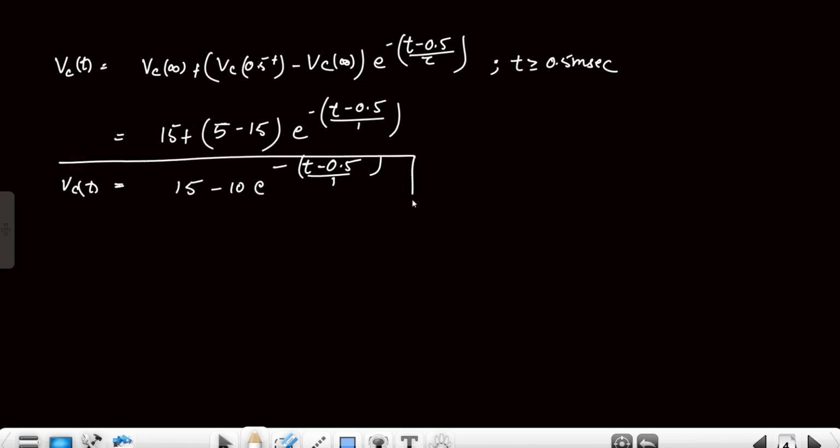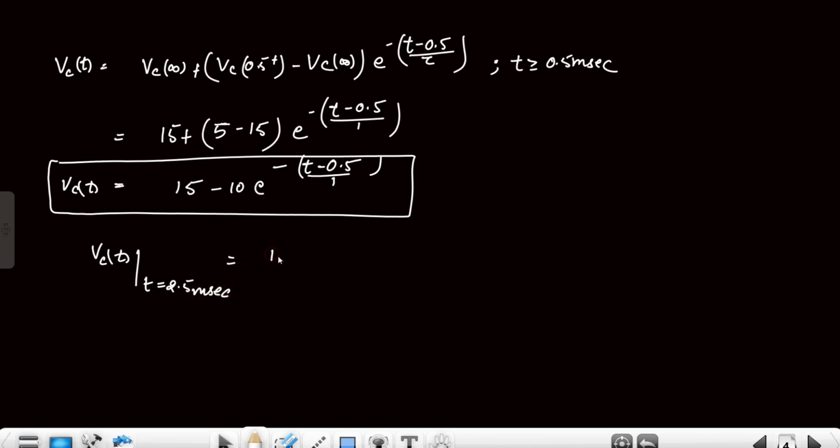Now we have to put the value of the time instant, that is 2.5 millisecond, in this equation. When we put the time instant value, it will be 15 minus 10 e raised to power (2.5 minus 0.5), that is 2, so e raised to power minus 2.